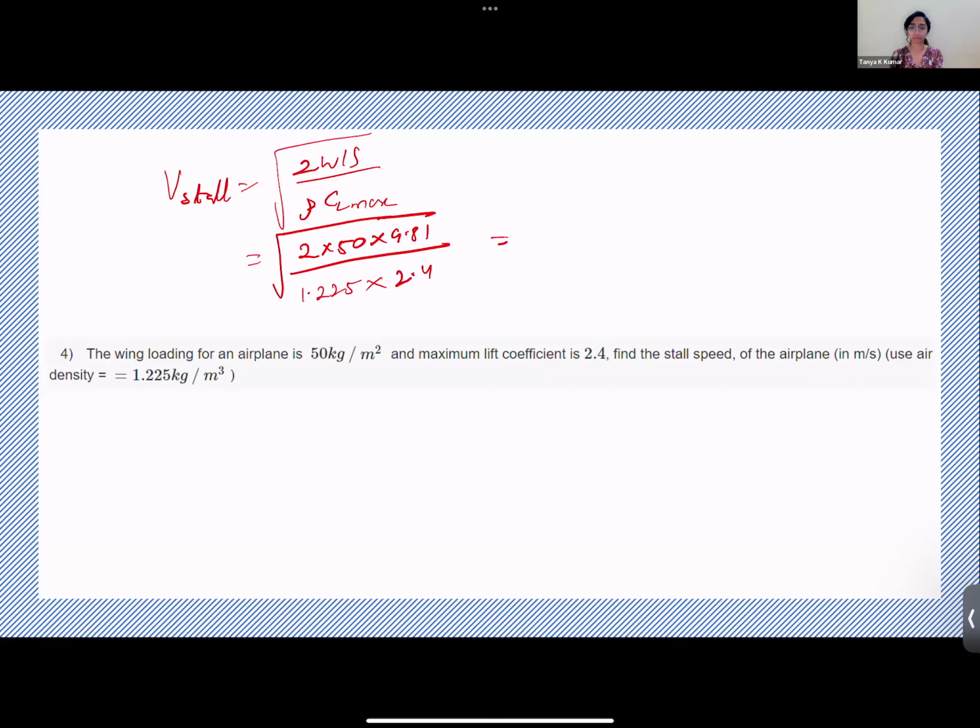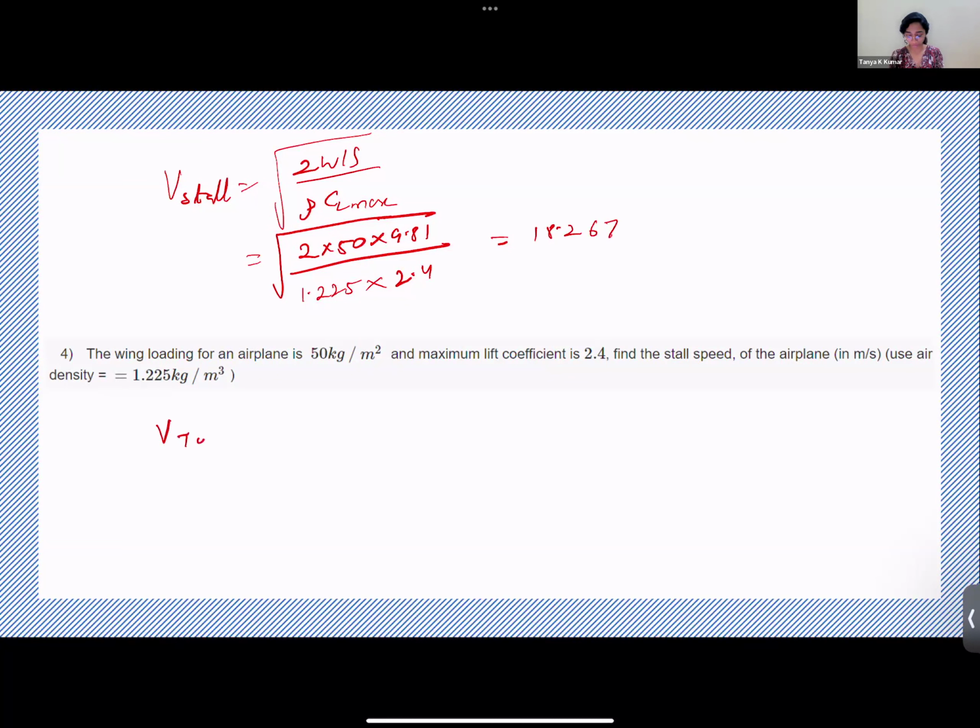What is this value? Just recalculating it. Correct me if I'm going wrong somewhere, okay? I'm getting 18.67.